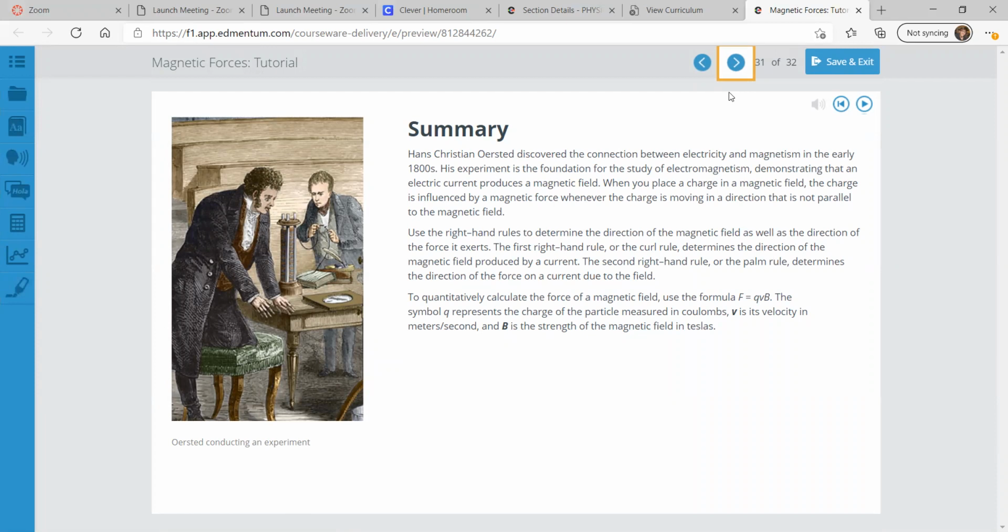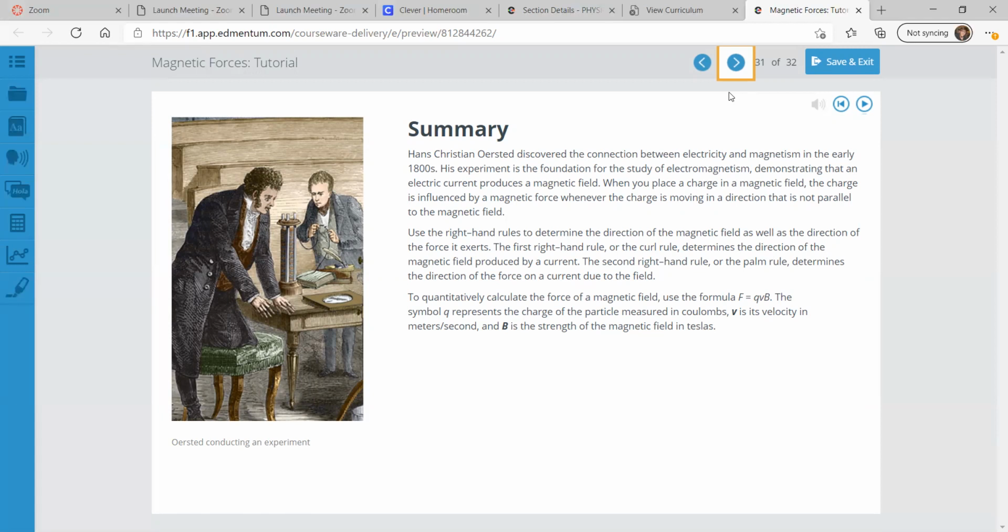Use the right-hand rules to determine the direction of the magnetic field as well as the direction of the force it exerts. The first right-hand rule, or the curl rule, determines the direction of the magnetic field produced by a current. The second right-hand rule, or the palm rule, determines the direction of the force on a current due to the field.